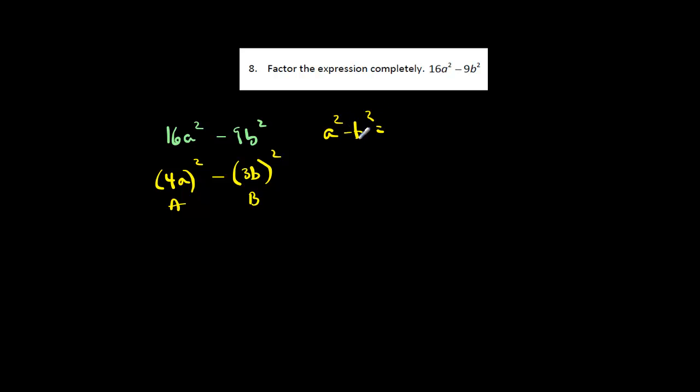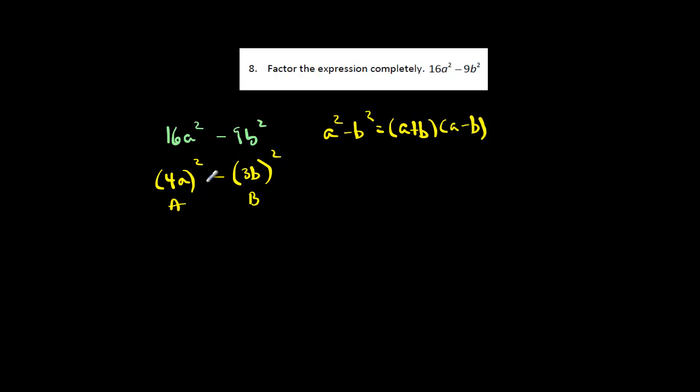Number 8, factor completely. The one thing you should notice about this problem is that both of these are perfect squares. This is 4a all raised to the second, and this is the quantity 3b to the second. So that's your a value, that's your b value. We're going to use this factorization: if you have something squared minus something squared, it's a plus b times a minus b.